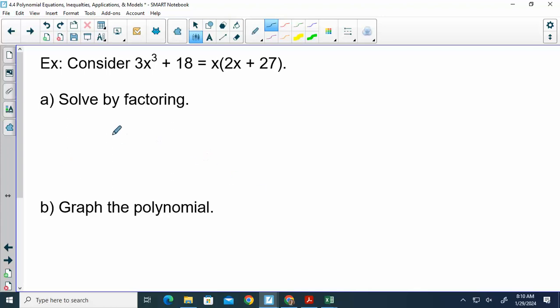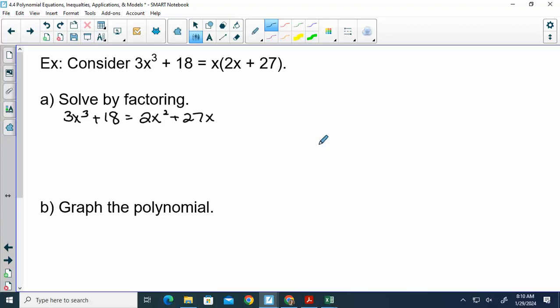Okay. What would I do first on this one? Distribute the x. Then what? Subtract 2x squared plus 7 over 2x cubed. Right, we need it to be equal to 0 if we're going to solve.